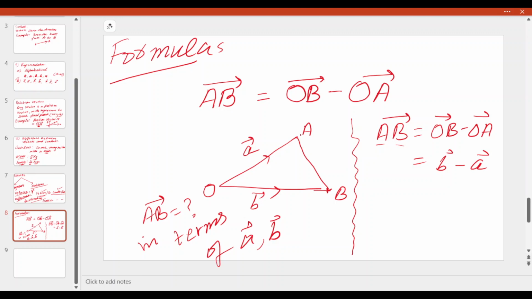Yes, this AB is equal to OB minus OA. So this was our first lesson, conceptual lesson on the topic of vector.